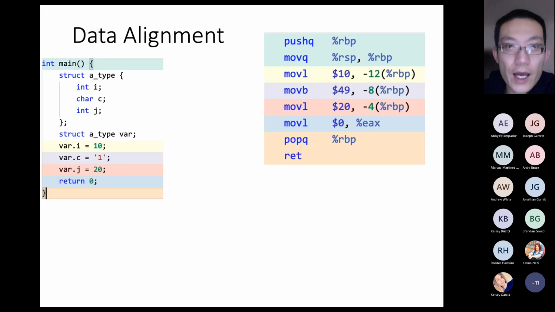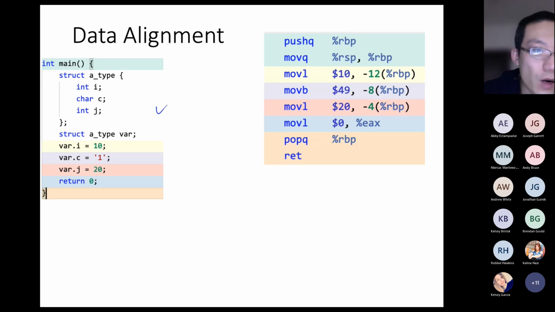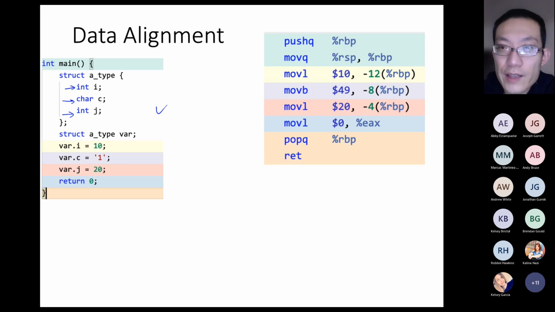Before we talk about why, let's look at a real world example. This is just a C program I read about. For this struct, I have one integer, one char, and another integer. And if we look at the assembly, let's see how they are organized.